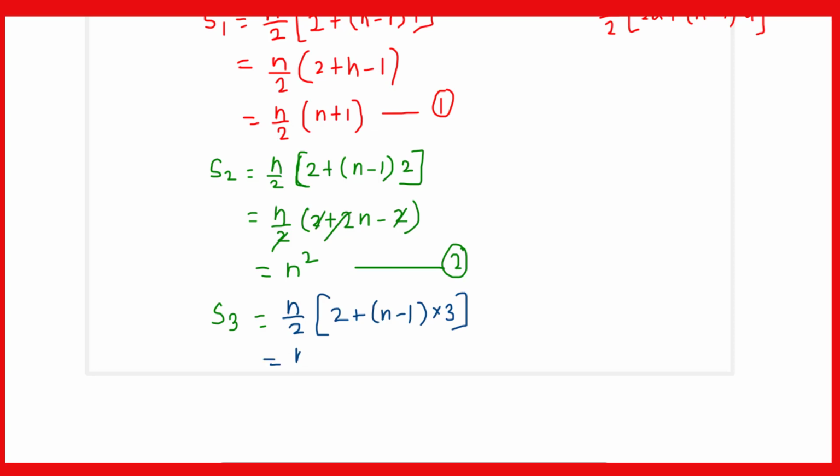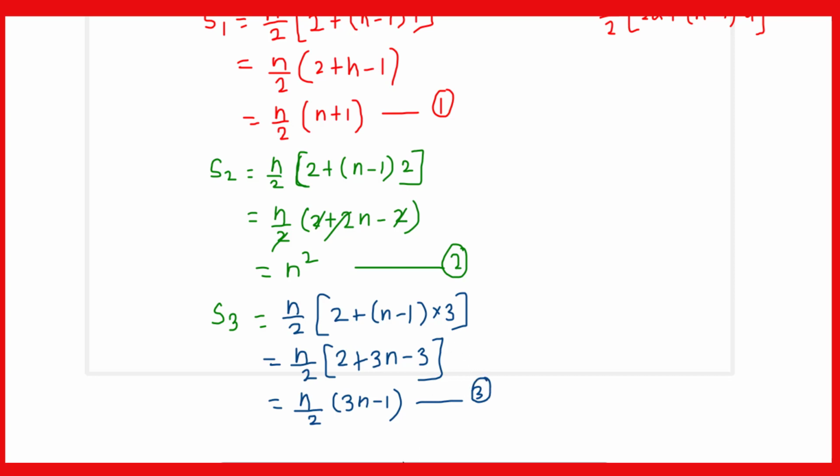So which is equal to n by 2 into bracket 2 plus, multiplying by 3 inside the bracket, 3n minus 3 close the bracket. So which is equal to n by 2 into bracket 2 minus 3, that will be minus 1. So inside the bracket it will be 3n minus 1. Close the bracket. Let this be number 3.